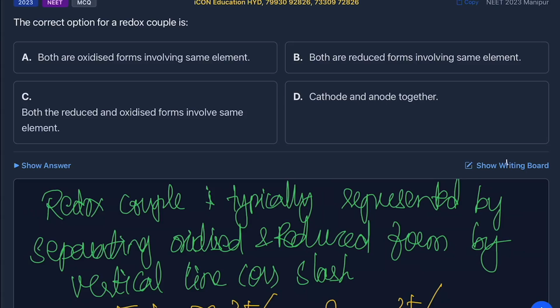So a redox couple is typically represented by separating the oxidized and reduced forms by a vertical line or slash. What is our correct option? The correct option is that both the oxidized and reduced forms are of the same element, so C is our correct option.